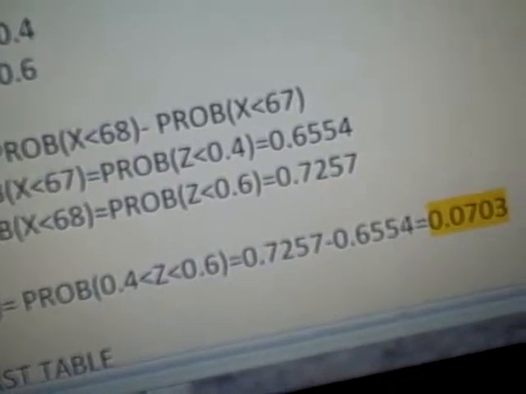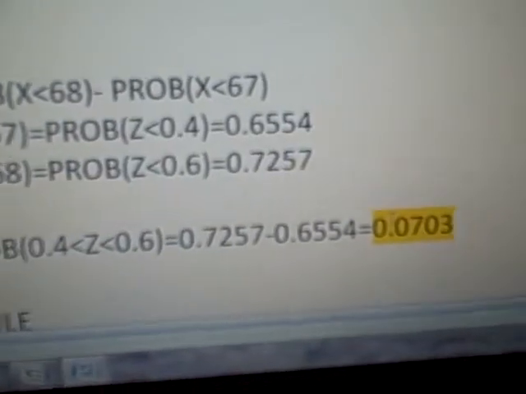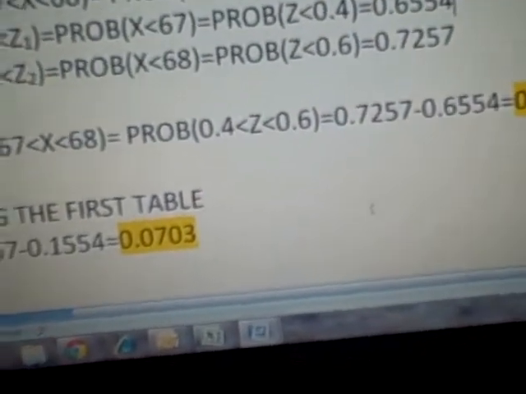And when we subtract the two, we get our answer. Probability that x is between 67 and 68 is the probability z is between 0.4 and 0.6, and that is 0.0703.